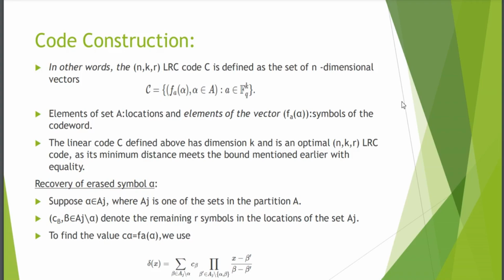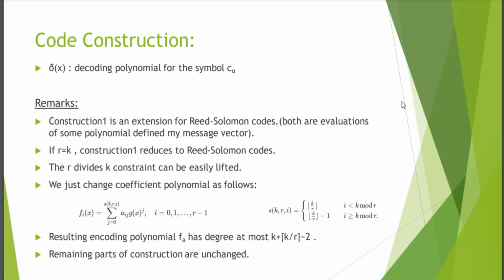In order to find the value c_alpha = f_a(alpha), we find the polynomial delta(x) such that delta(beta) = c_beta. Delta(x) = sum over beta in A_z excluding alpha of c_beta times the product over beta' in A_z excluding alpha, beta of (x minus beta')/(beta minus beta'), and we set c_alpha as delta(alpha). So we use polynomial interpolation from r known symbols in its recovery set. Delta(x) is called the decoding polynomial for alpha.